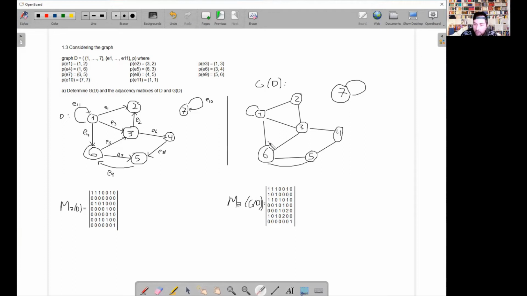So we will have more ones on this matrix. And we can have also 2 or more, right? Depending on the number of links that we have between 2 nodes. Well, there is another difference, but we will see it later.